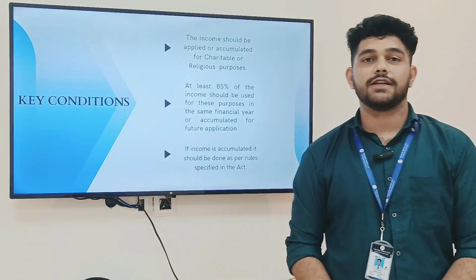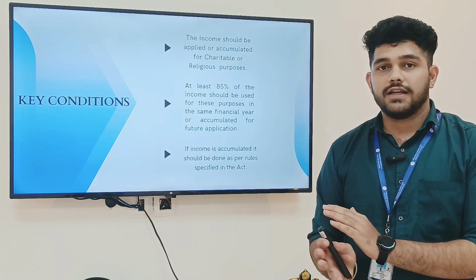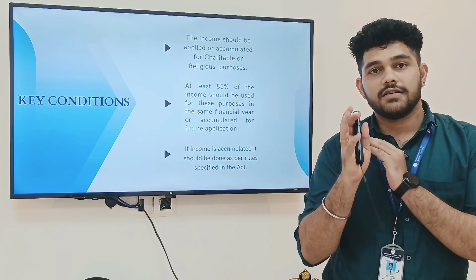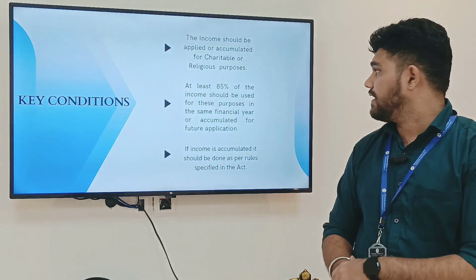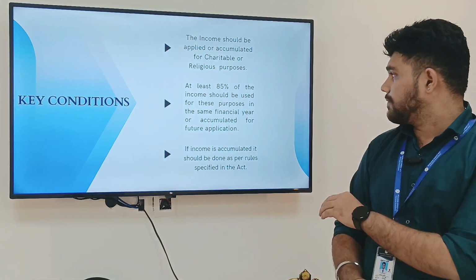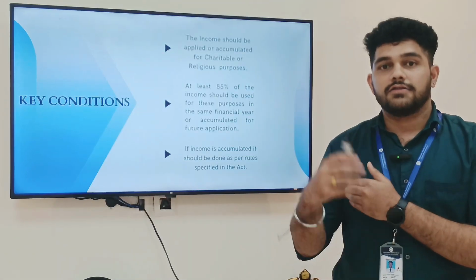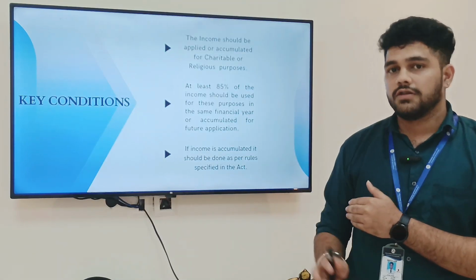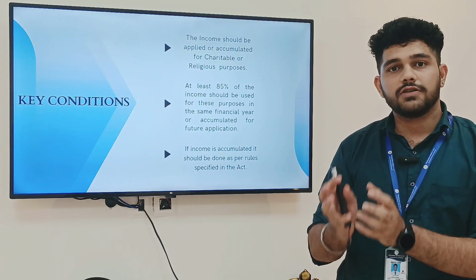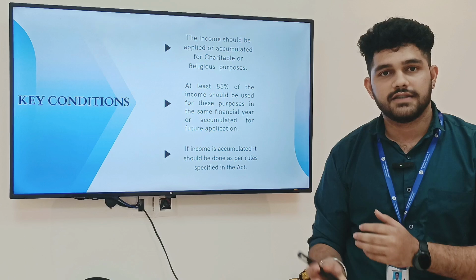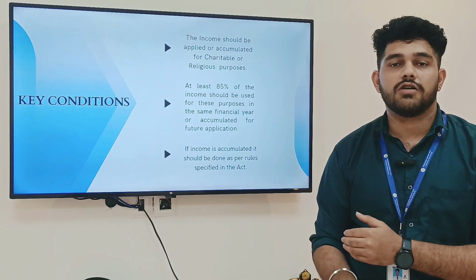Now we speak about key conditions. The income of a charitable organization should be applied for its sole objectives. At least 85% of the income should be applied for these purposes in the same financial year or accumulated for future application. That is section 11(2). Section 11(2) says that the accumulated income should be deposited in a savings bank account, fixed deposit or any other government bonds.